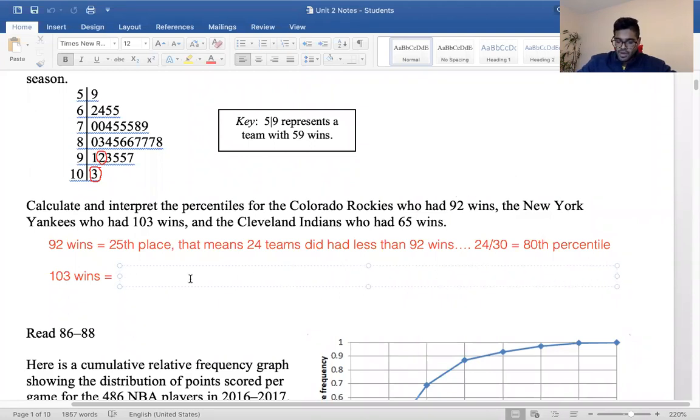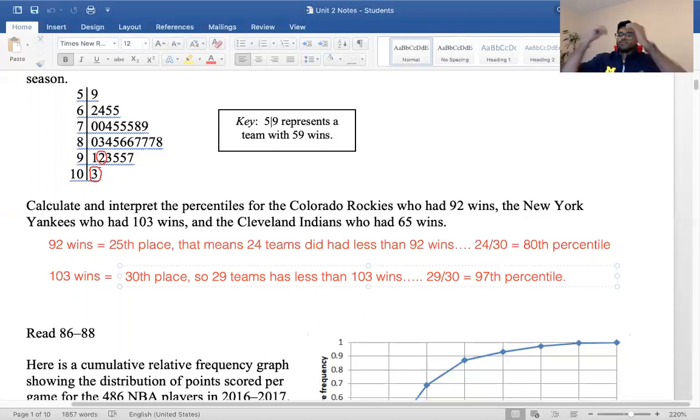Well, this is the 30th place, right? I'm counting up. And so 29 teams did worse than me, had less than 103 wins. So, dot, dot, dot, 29 out of 30 equals the 97th percentile.